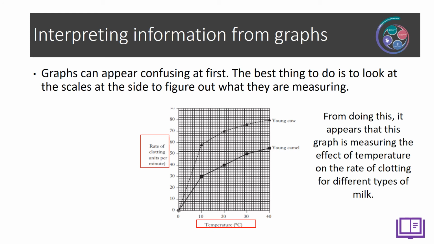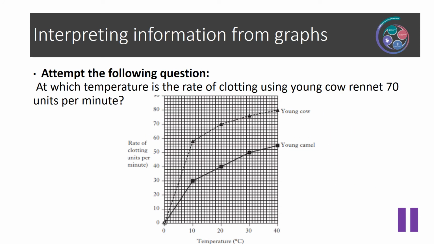So from doing this, it appears that the graph's measuring the effect of temperature on the rate of clotting for different types of milk. So that's what we can assume from this question so far. So I'd like you to have a try at the question just now. At which temperature is the rate of clotting using young cow rennet 70 units per minute?